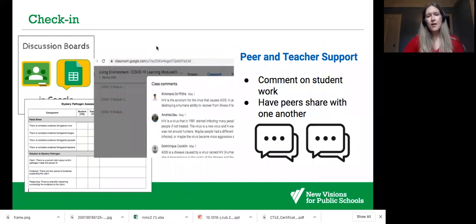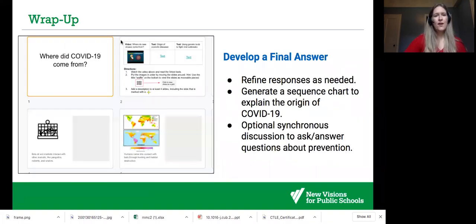There are class comments and discussion boards. There's time for peer-to-peer discussion and using a student checklist for assessments, and time for the teacher to check in with the students to make sure they're on the right track before attempting their final wrap-up activity. Their wrap-up activity is Google Slides, where you're thinking about the sequence of events.